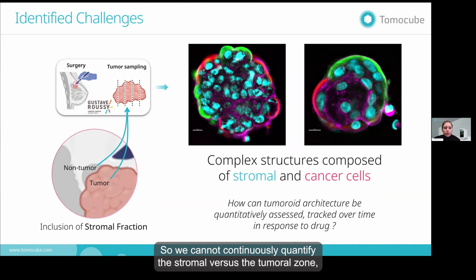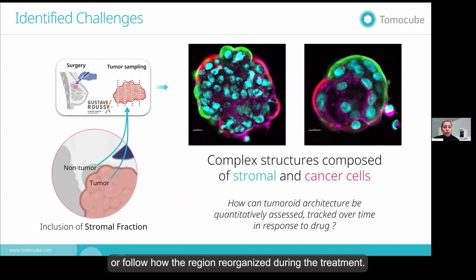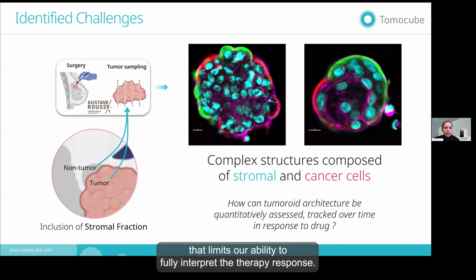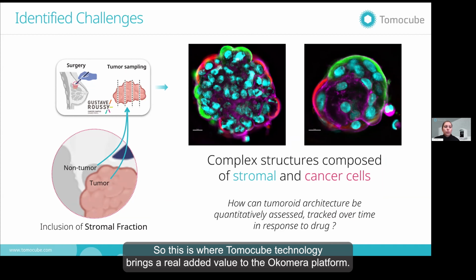So we cannot continuously quantify the stromal versus the tumoral zone or follow how these regions reorganize during the treatment. Tracking the spatial and temporal dynamics remains a key challenge that limits our ability to fully interpret the therapy response. So this is where Tomocube technology brings a real added value to the Okomera platform.